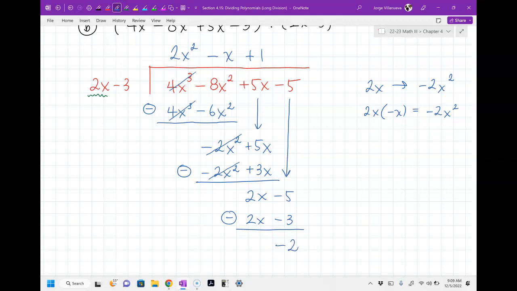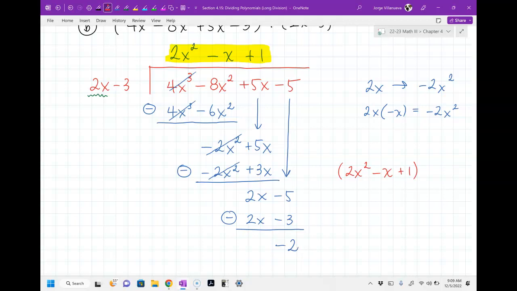Okay? This one's a harder one because it has so many terms. But I'm done. So here's my answer. My answer is this part right here. My quotient. Okay? So it's 2x squared minus x plus 1.